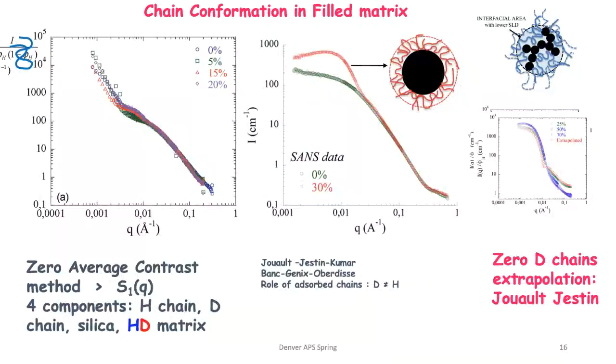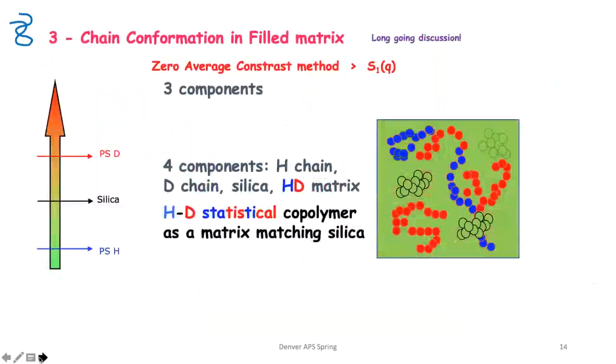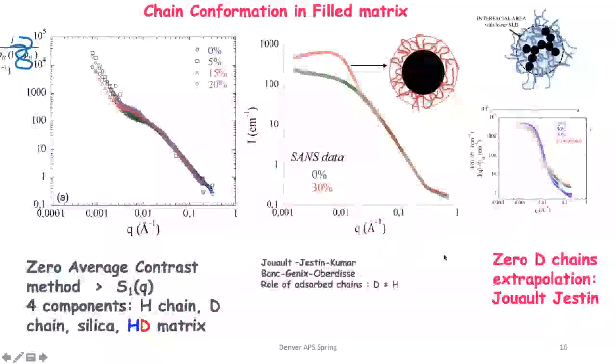And if you take this into account, you can explain the scattering. Other work has been done recently also by Boué, Gestin, where they extrapolate the number of deuterated chains to 0, and they conclude more or less the same. This was also concluded by Bange, Enix, and Oberdisse.